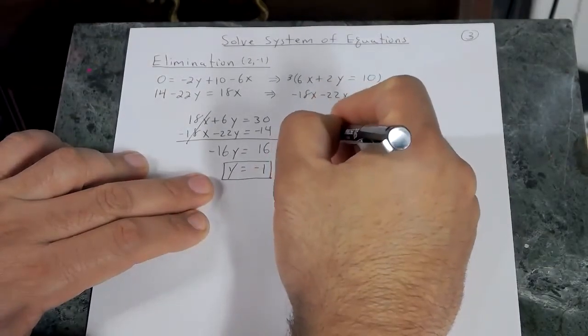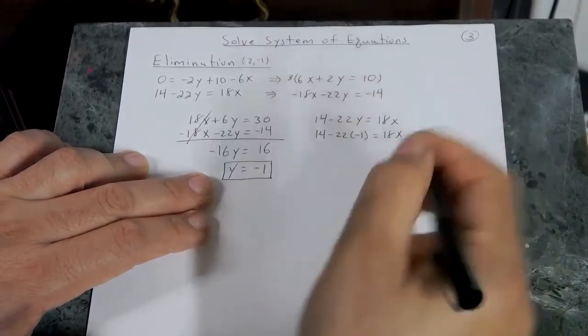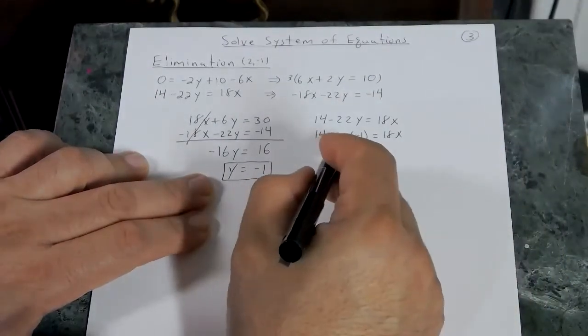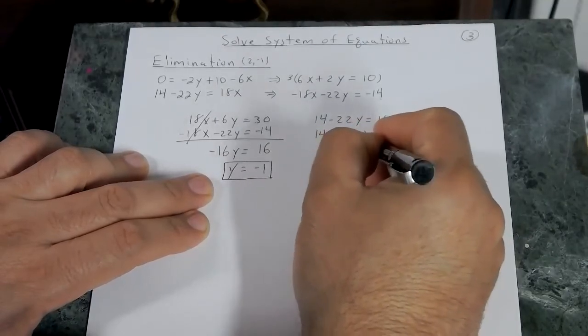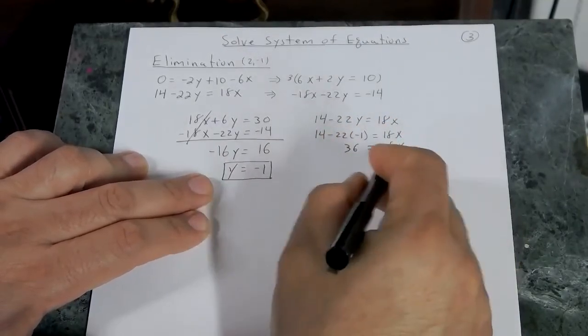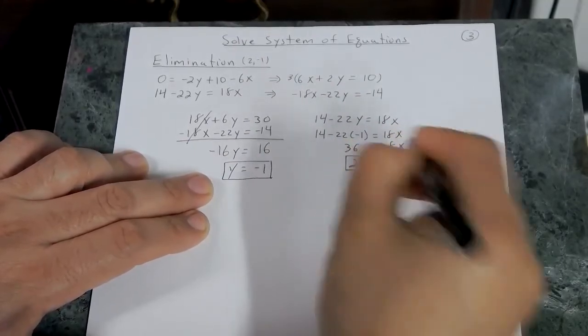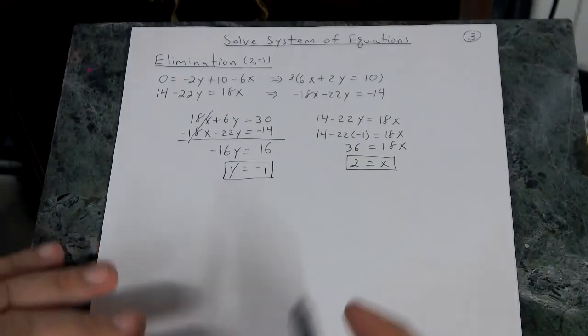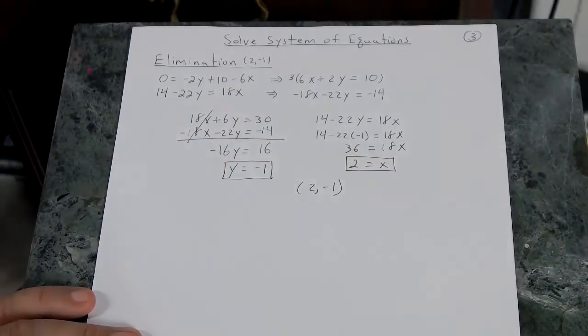So we got 14 minus 22 times negative 1 equals 18x. So I got 14 plus 22, which is 36, equaling 18x. Divide by 18, we see x is 2. Hence, my solution becomes 2 comma negative 1.